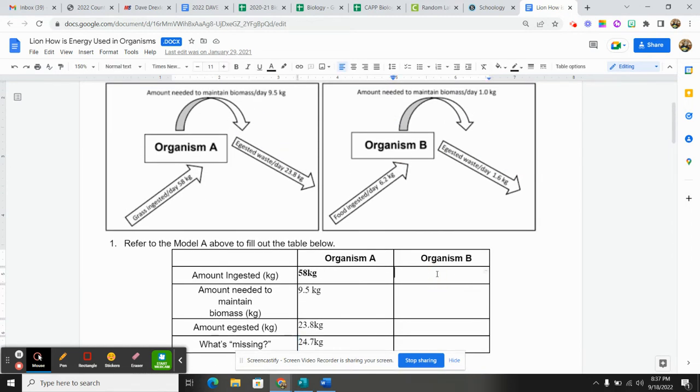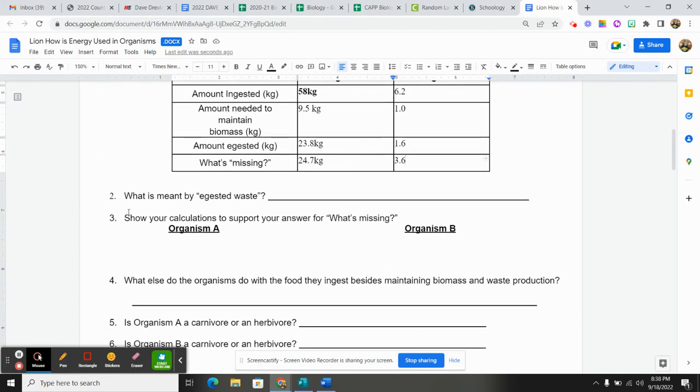So if we go do this for organism B, the amount ingested is 6.2 kilograms. Amount needed to maintain biomass is 1 kilogram, and the egest is 1.6 kilograms. So if we do the math on that part, we get 3.6 kilograms is not accounted for or missing.